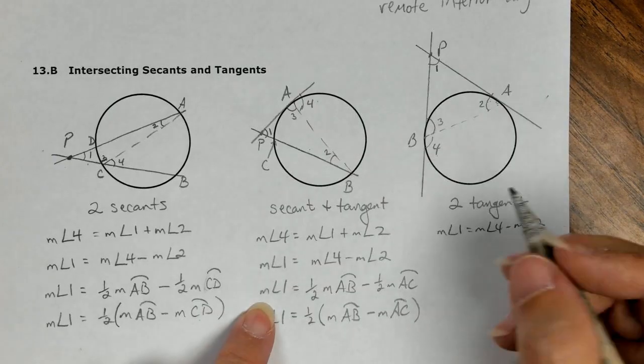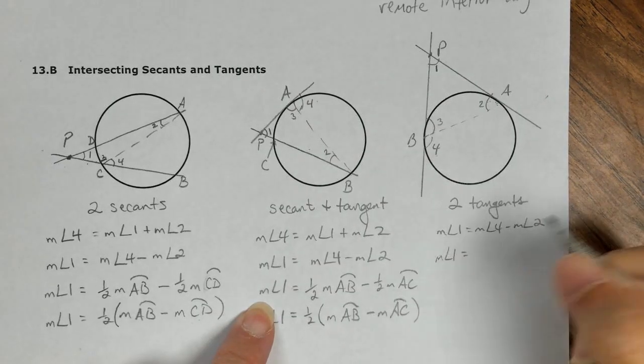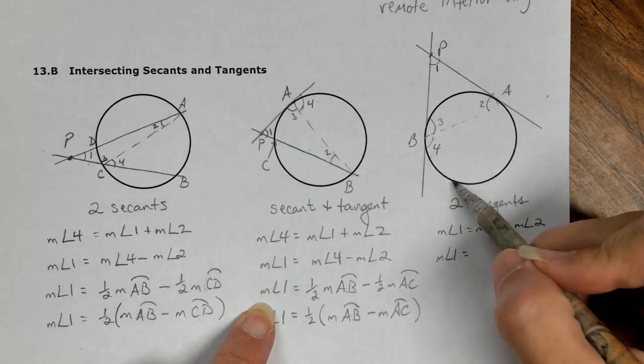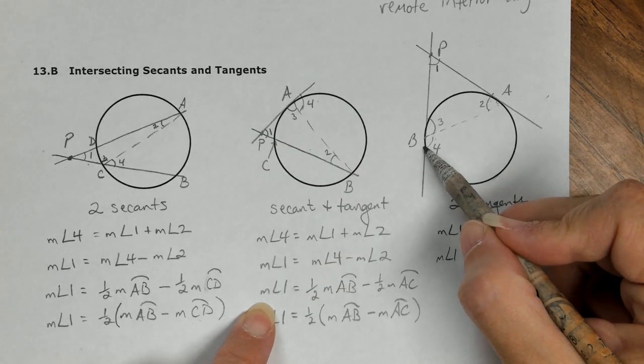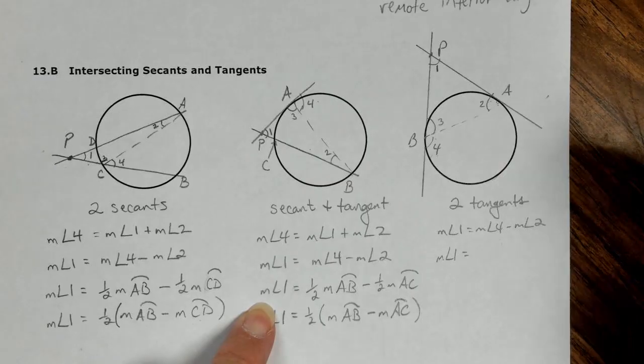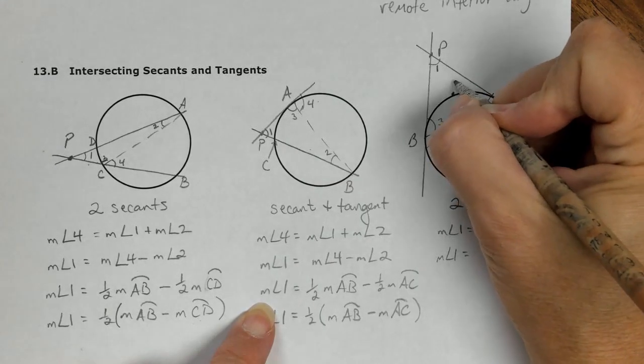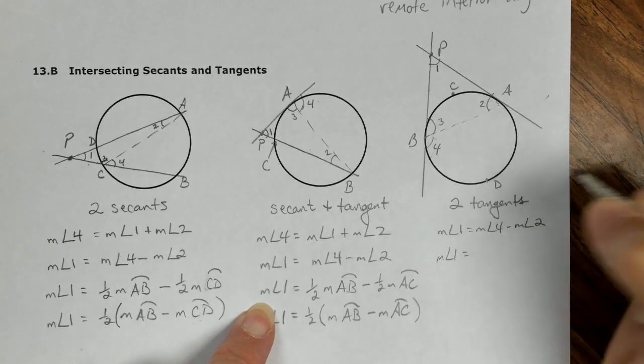And measure of angle 4, that is here, that's half of this AB. I better put some other points in here so we know which arc we're talking about. I guess I'll put C up here and D down here.